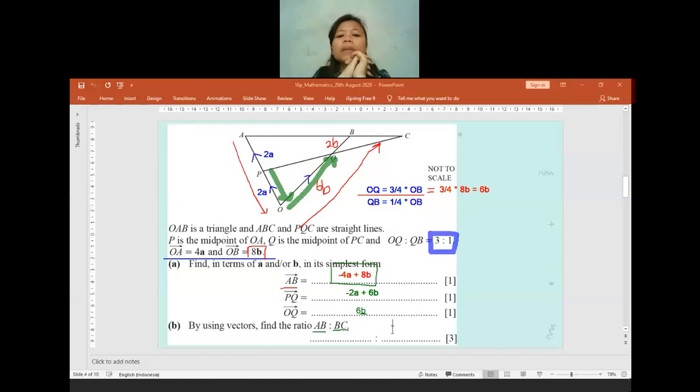Now what about the PA? Can we find PA? So we are going to go a long way: P to the A, from A to the O, and then O to the Q. But later it will not be finished at the C. Anyone want to help me?